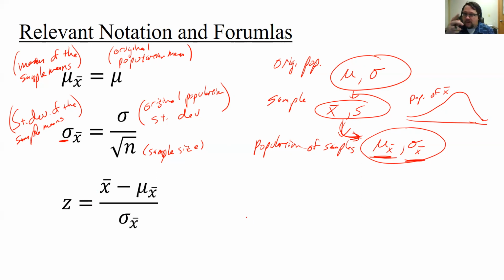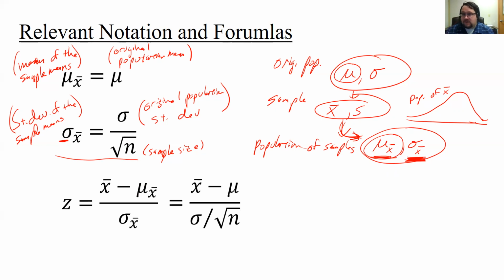Now, doing some substitution here, the original population mean and the mean of all the sample means are going to be the same, so you could replace that. And from this formula, we could replace the population standard deviation of the sample means. We don't divide by fractions, we multiply by the reciprocal, and manipulating that around, you get this formula.